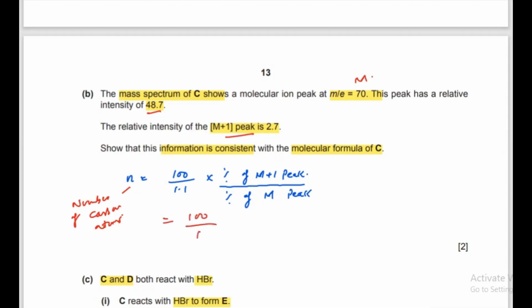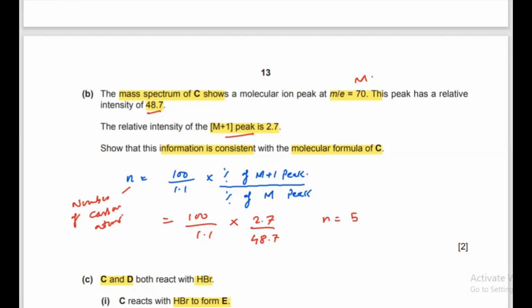So this is 100 divided by 1.1, the intensity of the M+1 peak is 2.7, and the intensity of the M peak is 48.7. So n is equal to 5.